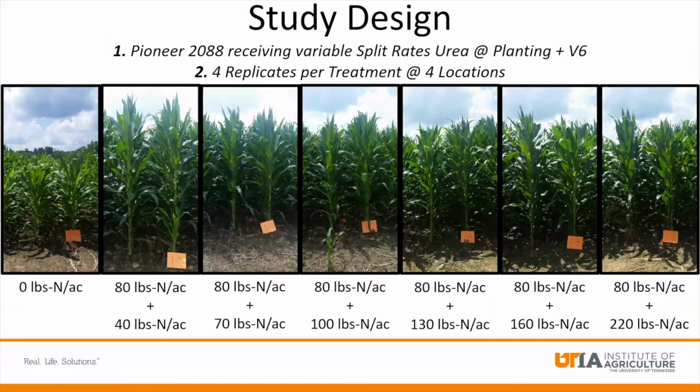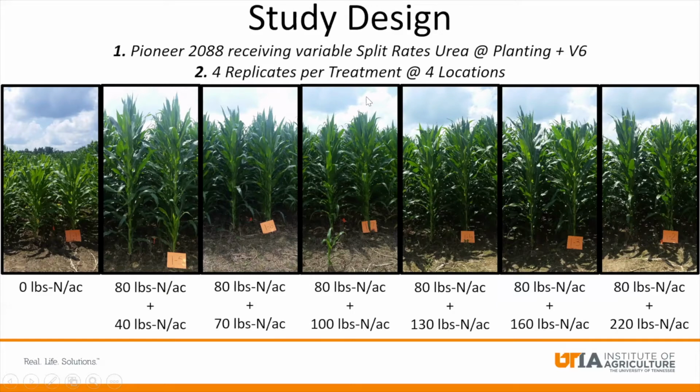This is the study design. We had 7 treatments, a negative control, which did not receive any nitrogen fertilizer, but which was fertilized for phosphorus and potassium. So nitrogen is the only limiting nutrient in this study. The remaining treatments received 80 pounds of nitrogen at planting, and then a variable rate of nitrogen at the split application, in which case this was V6, and that's common for producers in the state to split nitrogen applications, that range from 40 to 70 to 100 to 130, 160, and 220 pounds of nitrogen.